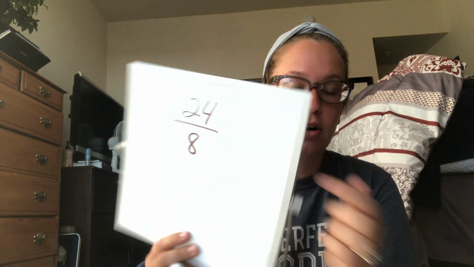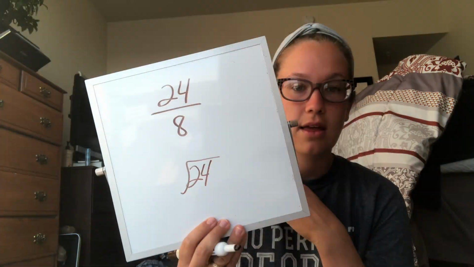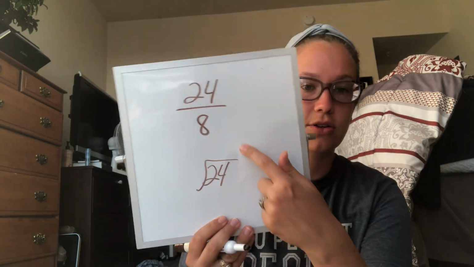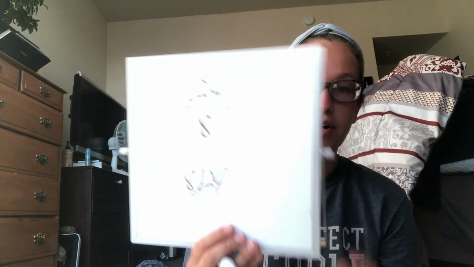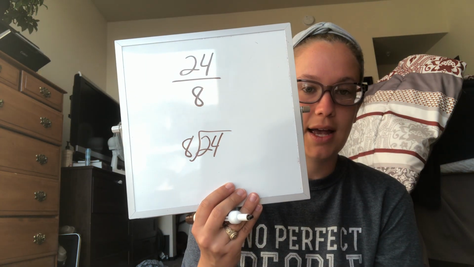So our numerator is what we're dividing, and our denominator is what we're dividing it by. So this one's fairly easy, right? What's 24 divided by 8? 3. And it goes in evenly. So 3 is our answer.